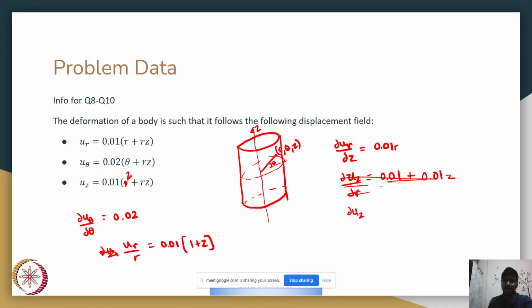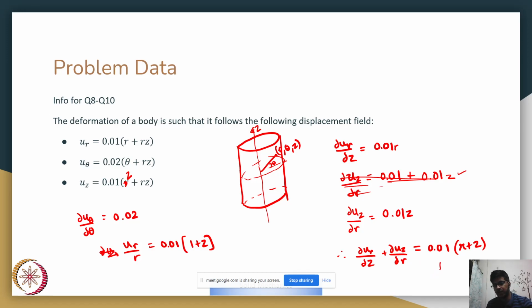So we would end up with this answer. It doesn't matter, but it's not in the options. I made a mistake. Sorry. So uz is actually 0.01 z plus rz. Therefore, dou uz by dou r is nothing but 0.01 z. Therefore, dou ur by dou z plus dou uz by dou r is nothing but 0.01 times r plus z.